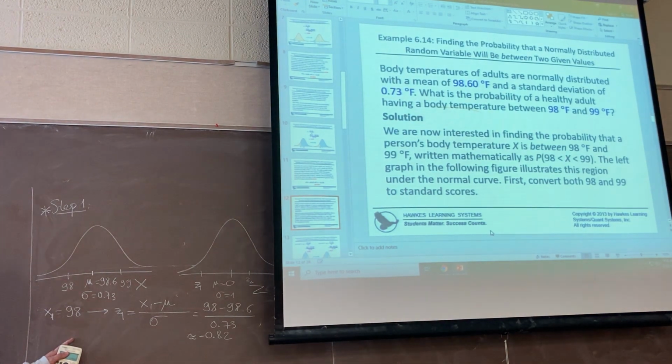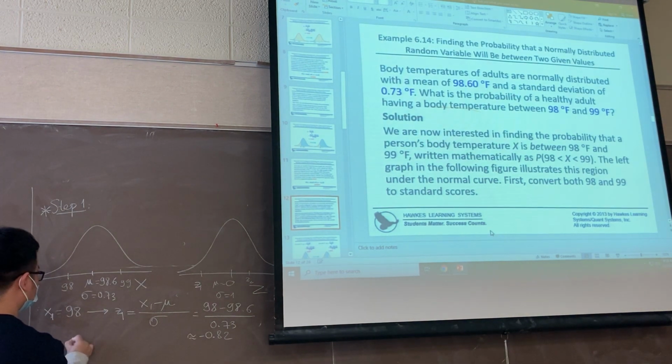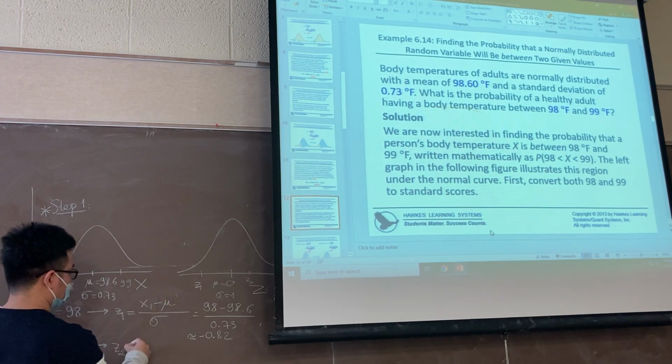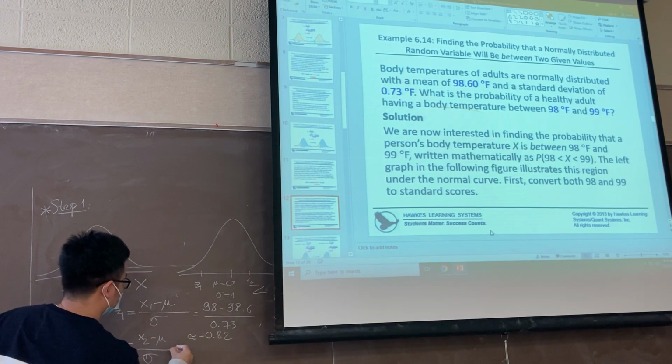Okay, that's the first one. And we have two x values, right? x2 here is 99. After that you need to change it to z2. It's x2 minus mu over sigma.